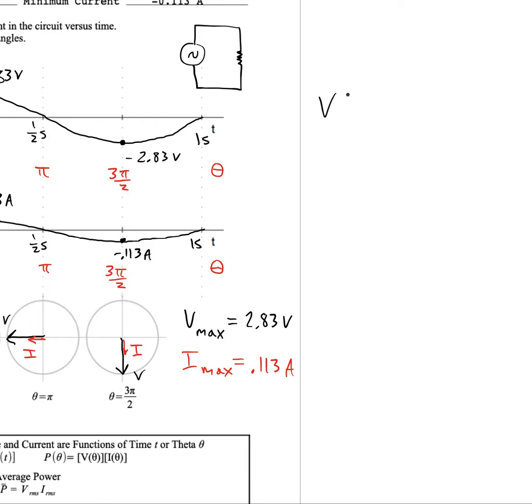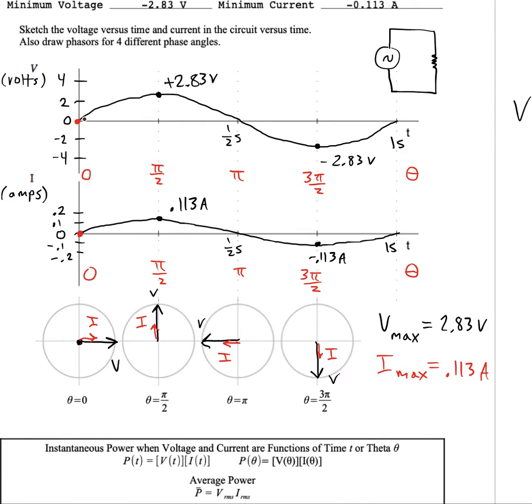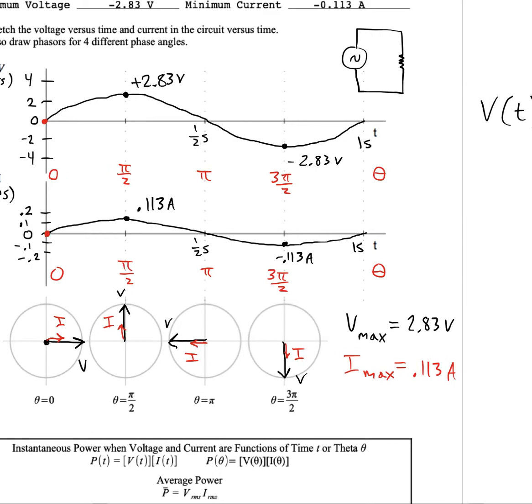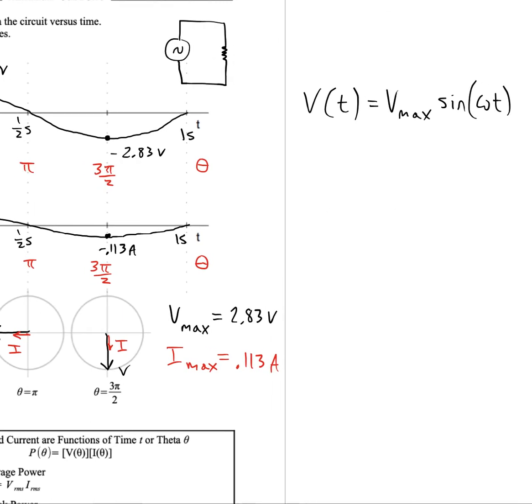It'll be V of t equals V max sine of omega t, and we don't need a phase difference because this waveform clearly is in the normal phase. For sine, it starts at 0. So let's see.